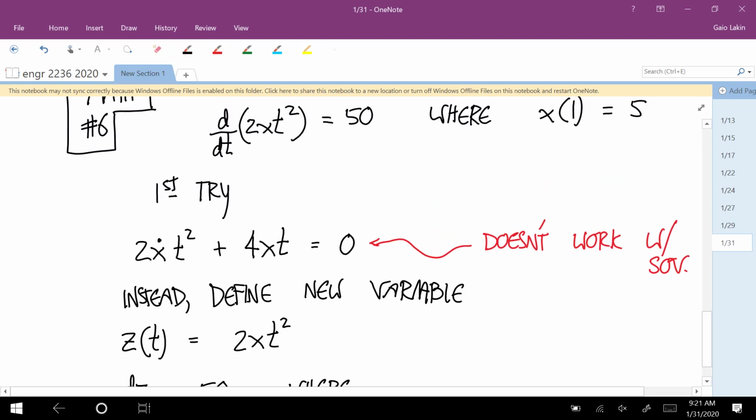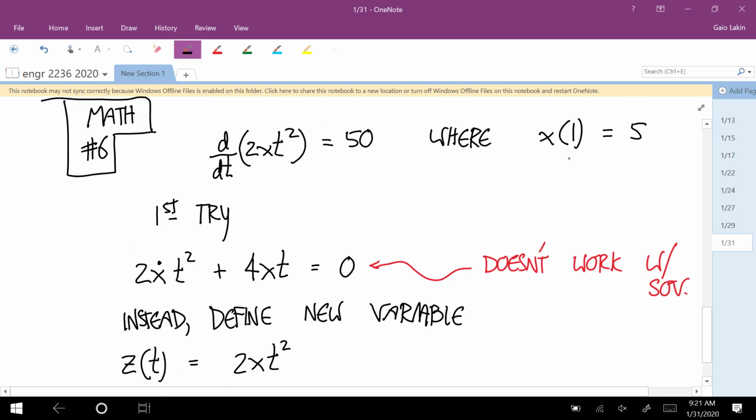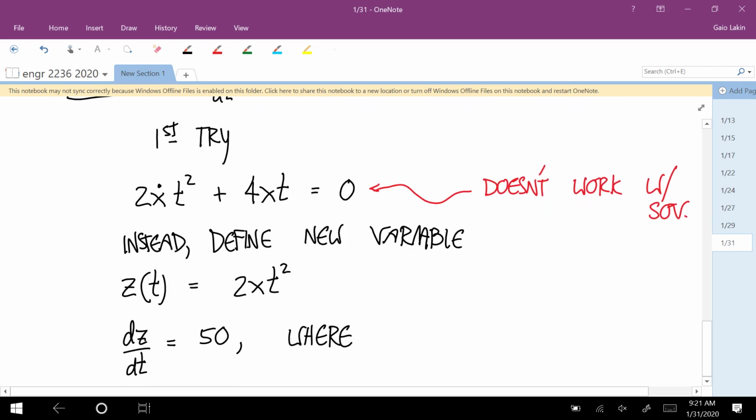Okay, so the boundary conditions now, when time is equal to 1, x is equal to 5. So put in 1 for t, 5 for x, and that gives you a new value.